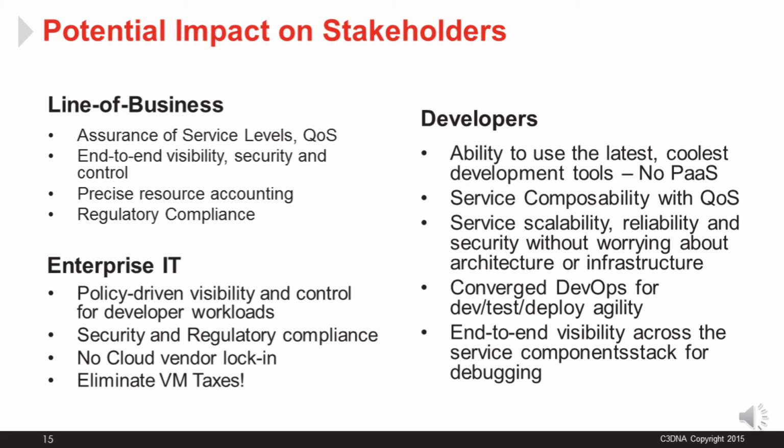On the other hand, the developers have now the ability to use the latest, coolest development tools, no restrictions of PaaS, no need to learn new stuff. We also provide service composability with quality of service, service scalability, reliability, and security without worrying about architecture or infrastructure. This provides a way to converge DevOps for development, test, deployment.